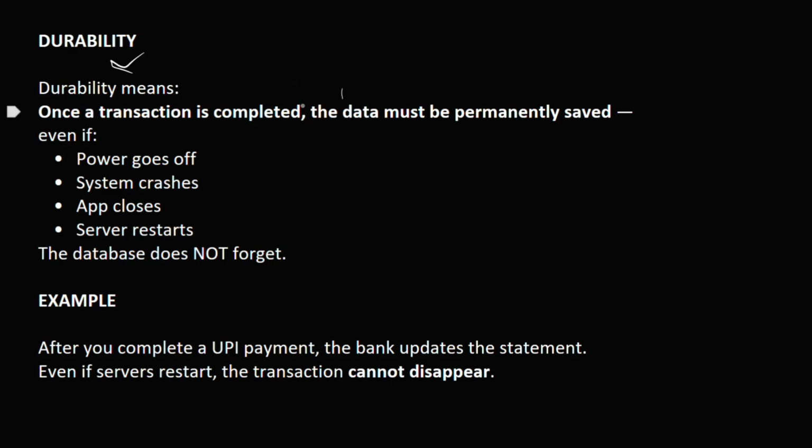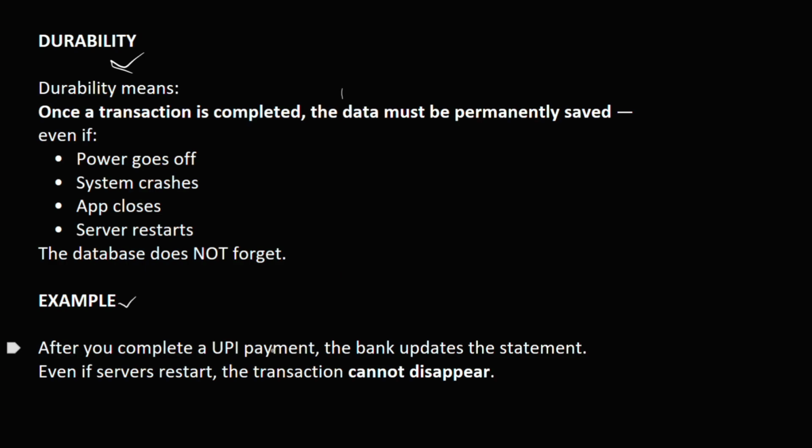What is durability? When your transaction is completely done and successful, and the data is stored in the database, even if the server crashes or something happens after your transaction is done, the data is already stored in the database, so it is not deleted. Here is one example.